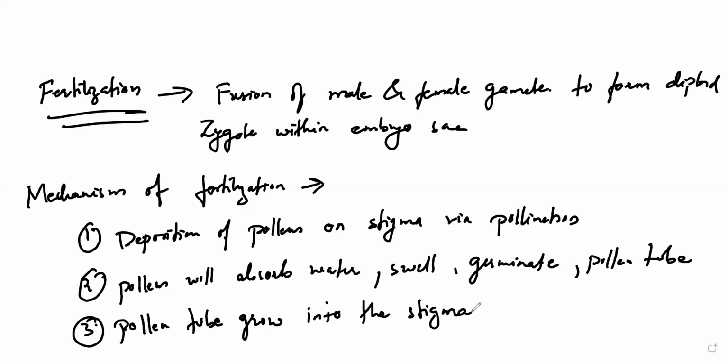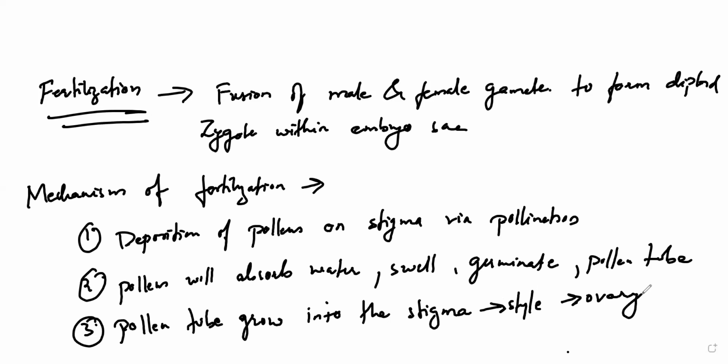This pollen tube, which is initially starting at the tip of that particular carpel, will grow into the stigma. Then from the stigma, it will pass through the style, and then finally it will reach the ovary, which is the final part where the pollen grains are to be deposited. So this is how the growth of the pollen tubes takes place.